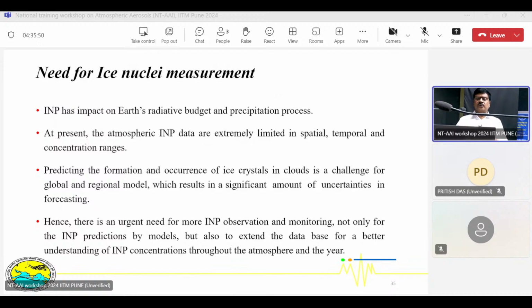So why do we need to understand these ice nucleating particles? Because they are just one or two in a million particles. They have an impact on the precipitation process, and they can also influence the radiation budget. At present, the data is very limited, hence there is a need for more ice nucleating particle measurements and monitoring.